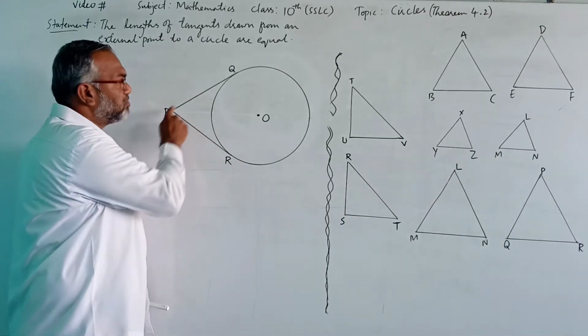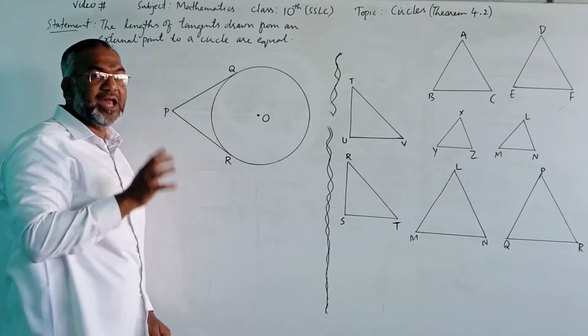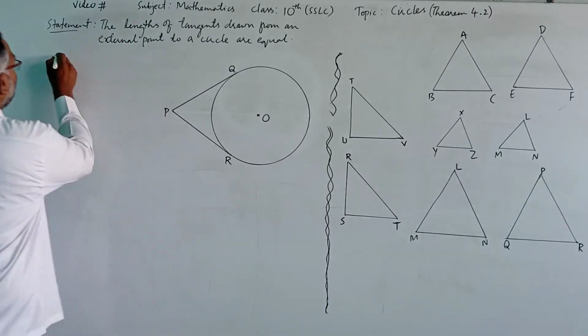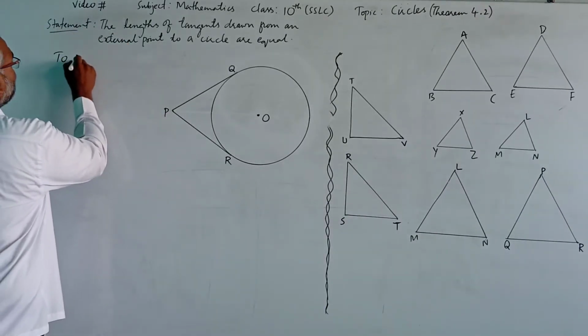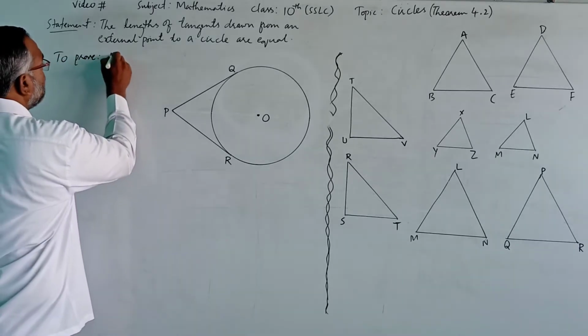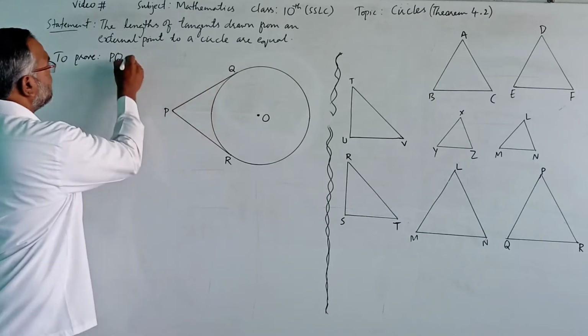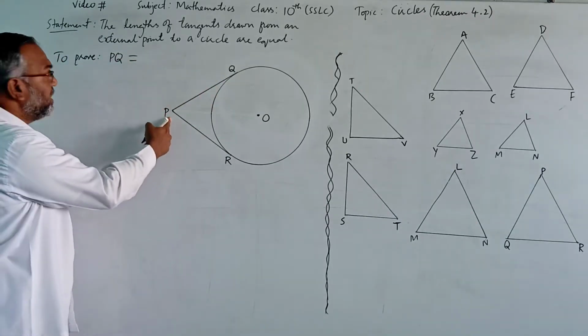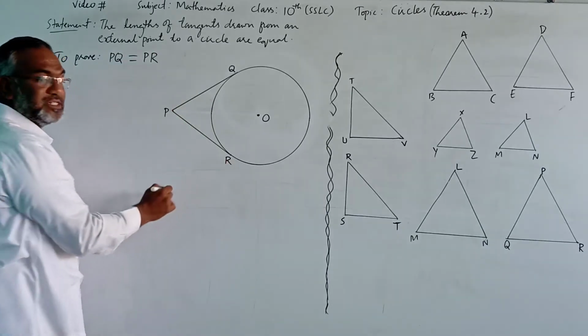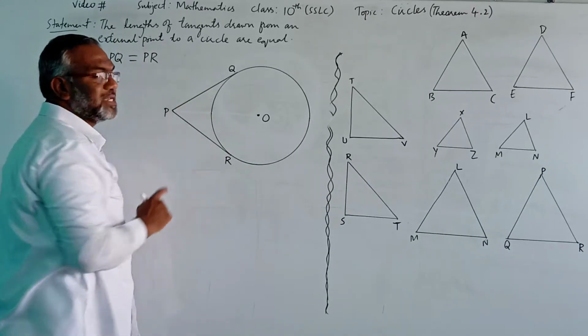These two tangents PQ and PR are equal in length. This we have to prove. What we have to prove is PQ, the length of one tangent drawn from external point P, is equal to PR, another tangent drawn from the same external point.